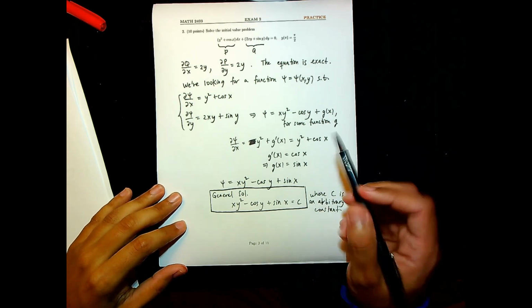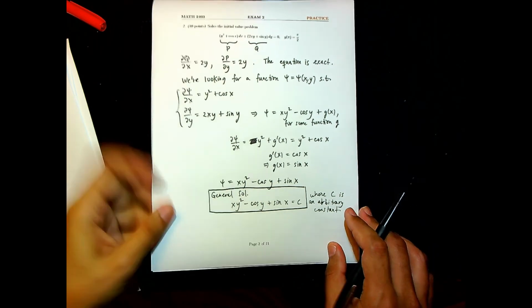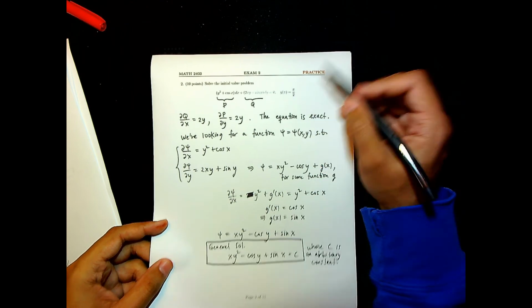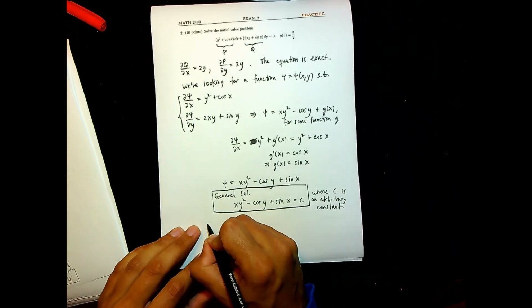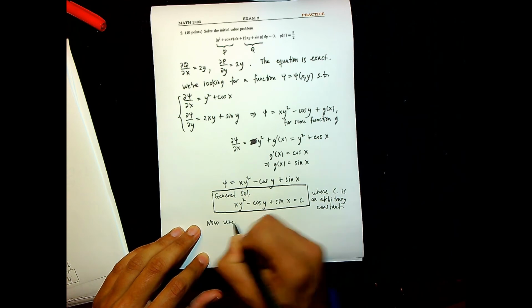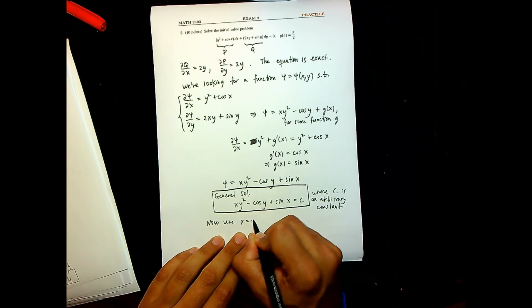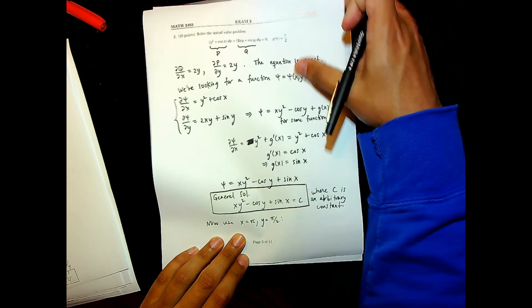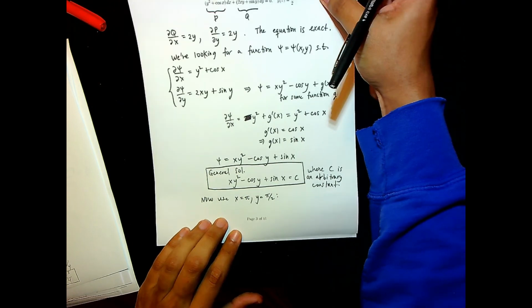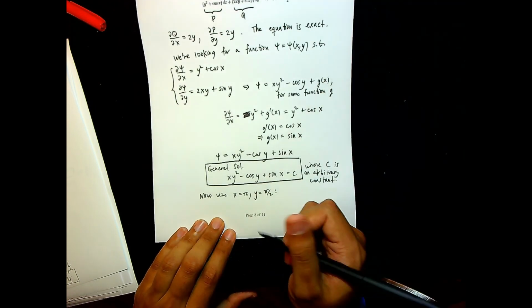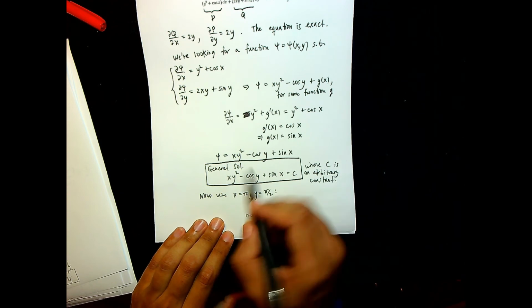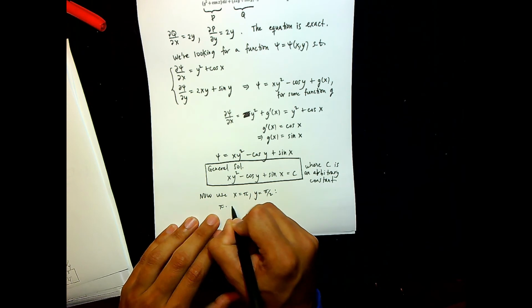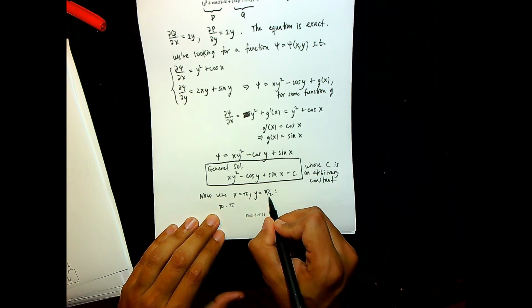Okay, so the initial condition is that whenever x is pi, y equals pi over 2. So now we're going to use that right here. Now we're going to use that when x equals pi, y equals pi over 2, and we're going to figure out what C needs to be. So plugging that in this equation right here, x equals pi, so pi times this one squared, right?